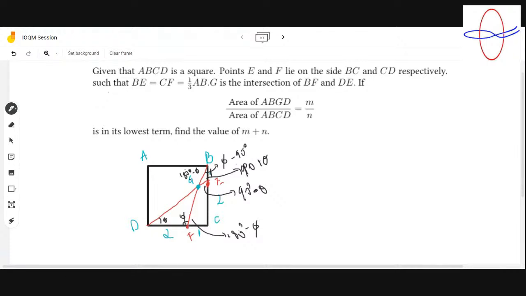Do you want a hint from my side, guys? Someone gave me a construction, okay? So let's do a simple bit of construction over here.